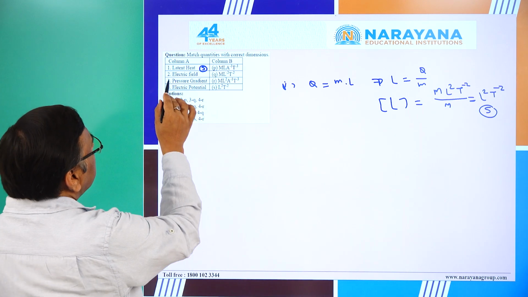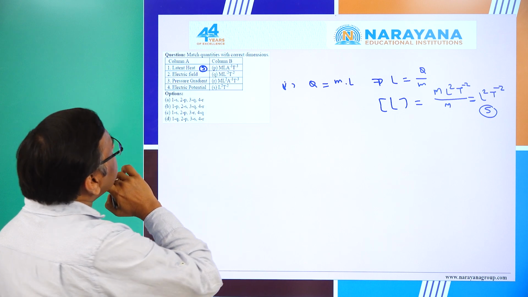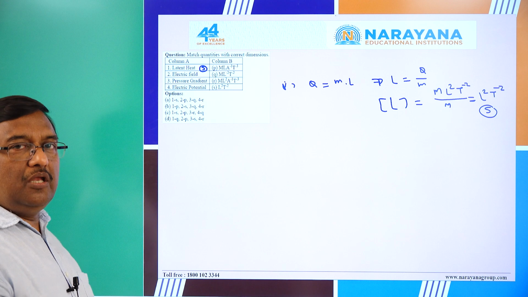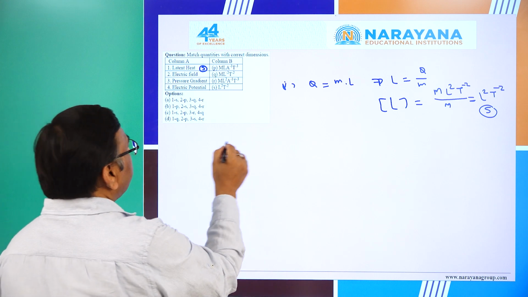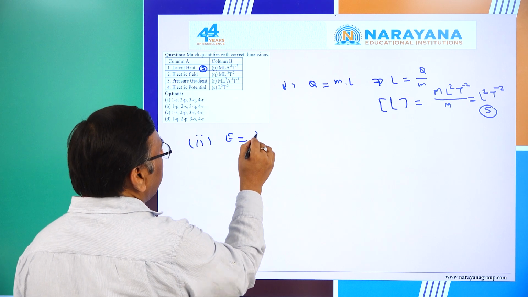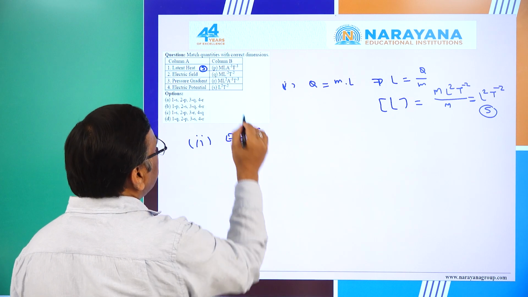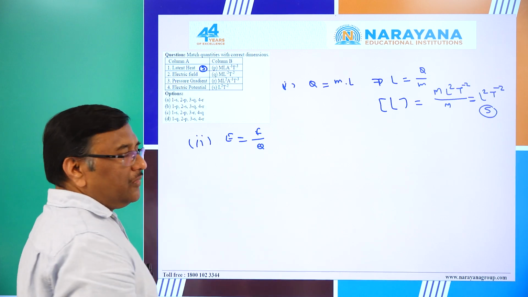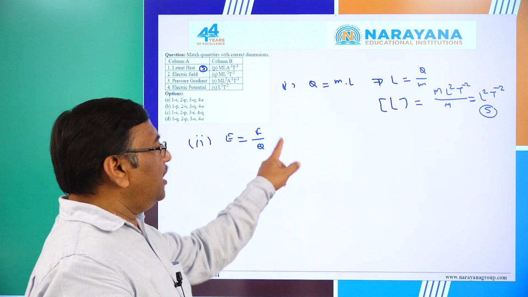Secondly, if you go for the electric field, what is the easiest formula to decide your electric field with these M, L, T? You know F is equal to E into Q. From there, for the second case, I write my electric field E is F upon Q. But you know Q is nothing but current into time.